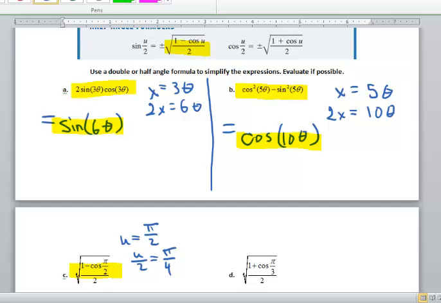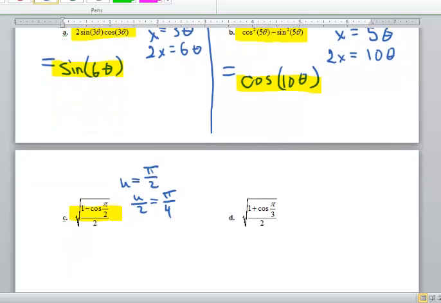So what is this one? It's really just the sine of u over 2, which is the sine of pi over 4. And now this one we can evaluate because we know what angle we're dealing with here. We're dealing with pi over 4, and the sine of pi over 4, of course, is radical 2 over 2. So again, here I simplified it, here I evaluated it. So that was just the half angle formula for sine.